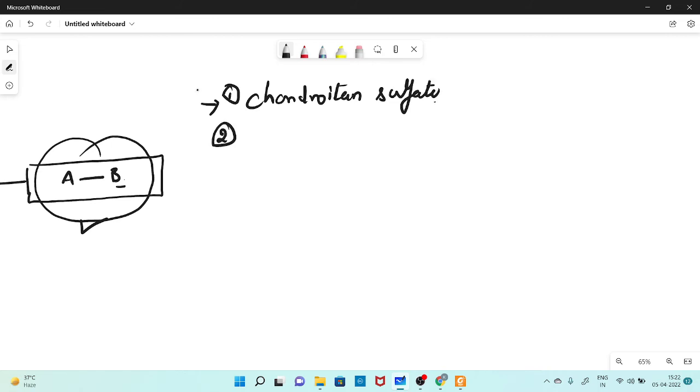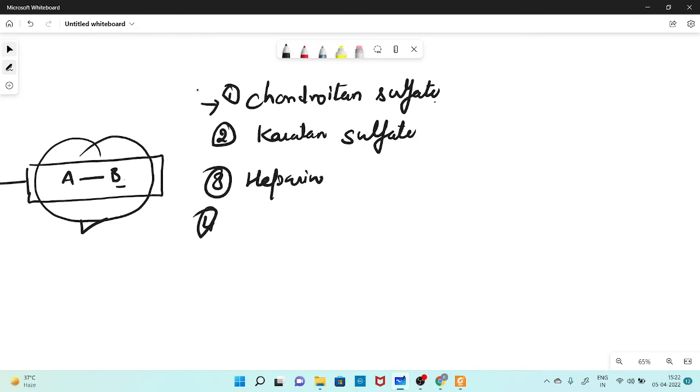Second one is keratan sulfate. Third one is called heparin. Fourth one is also called heparin. Fifth one is called dermatan sulfate.